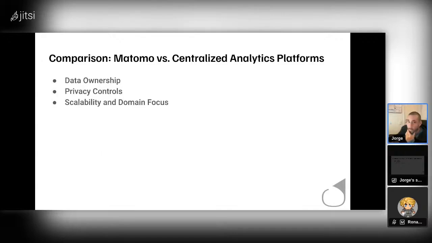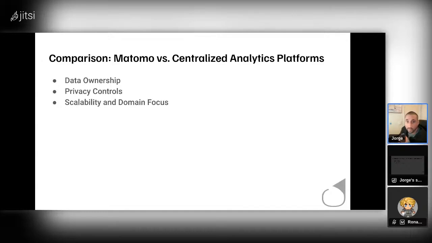So, some differences, or a comparison with Matomo. Data ownership remains entirely within the organization because it's an on-premise and open source platform. All collected data is stored securely on your own servers rather than being sent to a third-party provider.